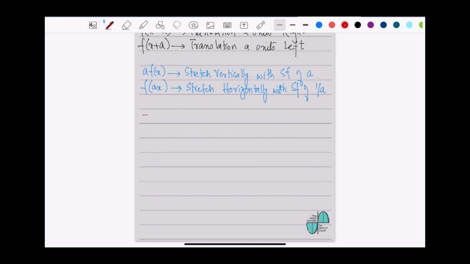Now, negative f of x, this is a reflection in the line y equals 0. We also write the x-axis. f of minus x inside means reflection in the line x equals 0, or the y-axis.